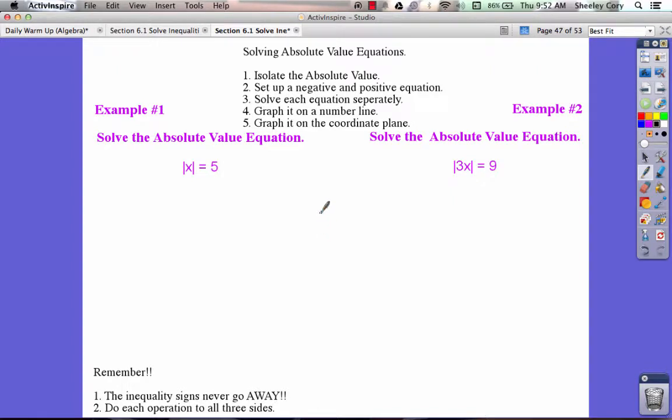So what that's telling you is, no matter where you're at, no matter where you walk, you are still 5 feet from 0. So it doesn't matter if you're walking forwards 5 feet or backwards 5 feet, you're still 5 feet from 0.